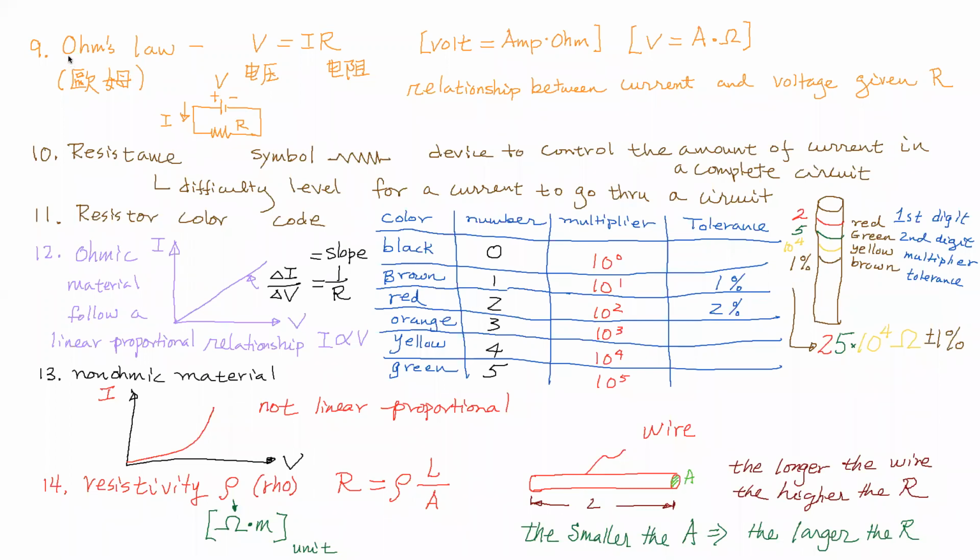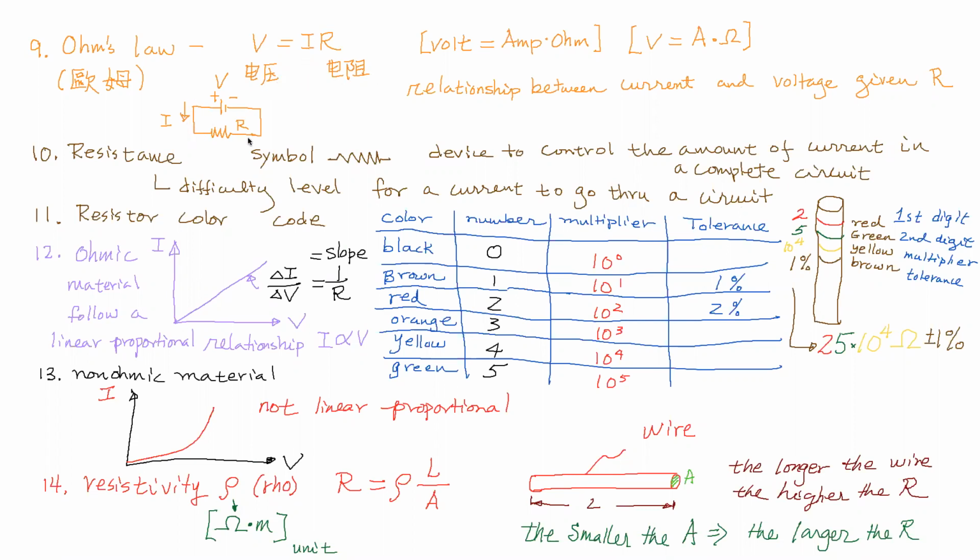Number nine, Ohm's law. V equals I times R. V 电压, R 电阻, I 电流.